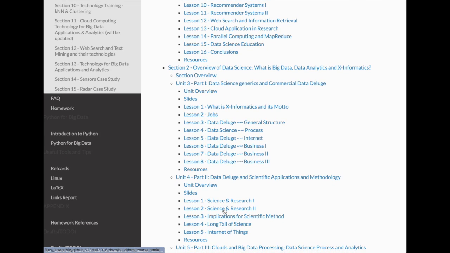Certainly we need to know what big data actually means, so we are providing an overview about this. We are introducing you to the topic of X informatics. We tell you why it's important, and that is actually important for you because you may find jobs in this particular area.